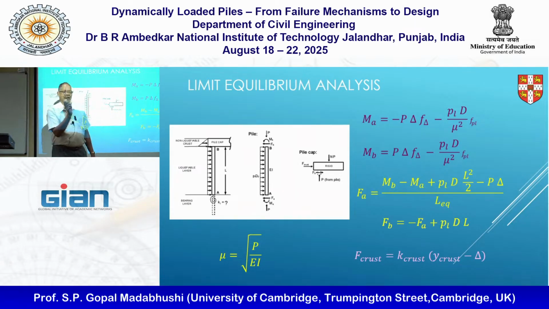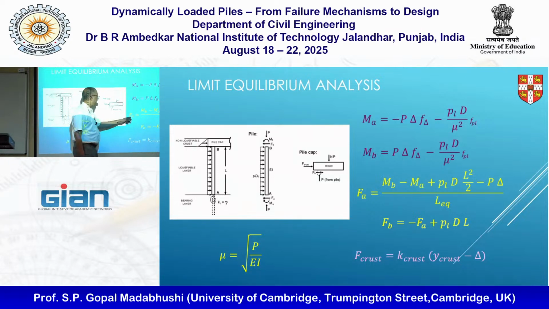So that is the relative displacement between the crust movement and the pile cap movement. That is how much force due to the crust will come onto my pile cap. Okay, so these are fairly straightforward to write.